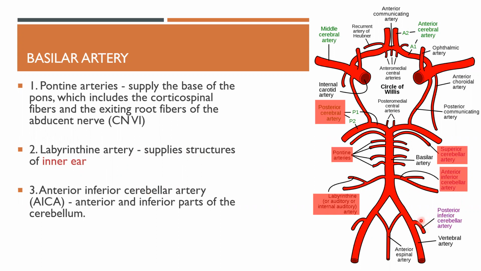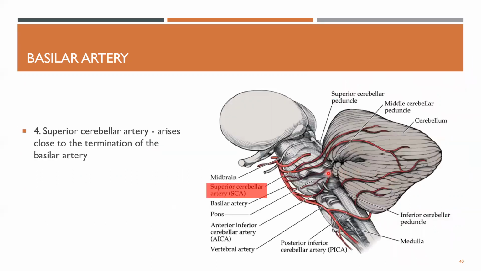If you have a PICA, a branch of your vertebral artery, you also have an AICA, the anterior inferior cerebellar artery, supplying the anterior and inferior parts of your cerebellum. PICA is a branch of your vertebral artery, while your AICA is a branch of your basilar artery. You also have a superior cerebellar artery, or SCA, which arises close to the termination of the basilar artery.